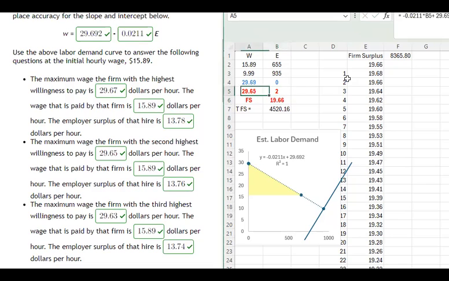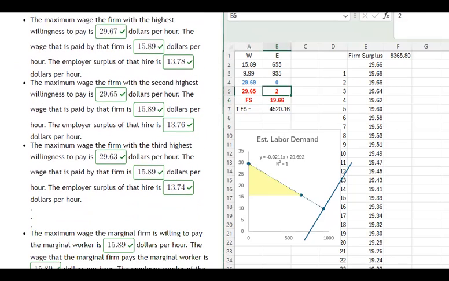That second employee hired, firms were willing to pay that person $29.65 an hour, but now only have to pay the person $9.99. So the firm surplus of the person judged to be the second most productive worker in the labor market is now 1966. It was 1376, and that's just because the wage firms have to pay is now lower, due to the migration.